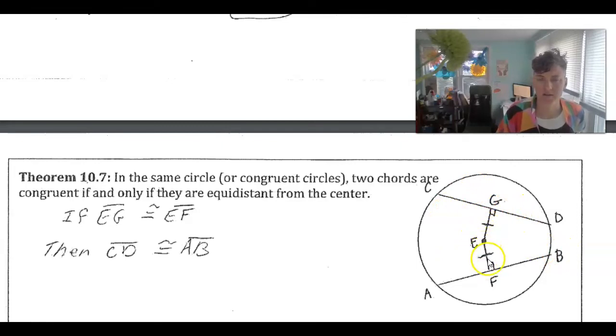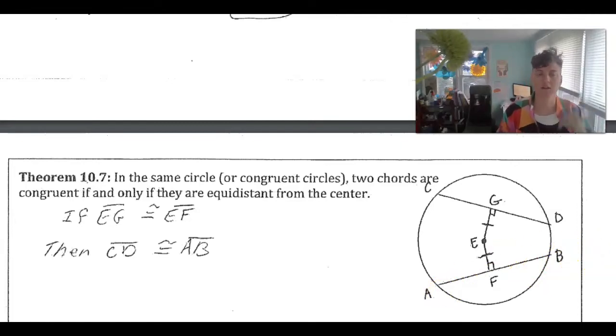Right? So that length is the same because of that congruent mark, and then it's truly a distance because it's perpendicular. So, since this is true, then these chords CD and AB are congruent to each other.